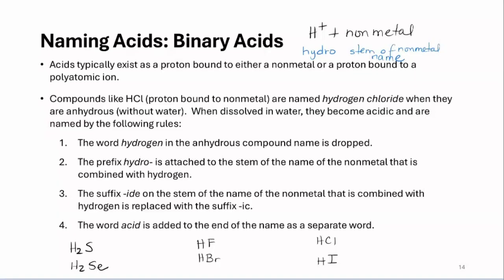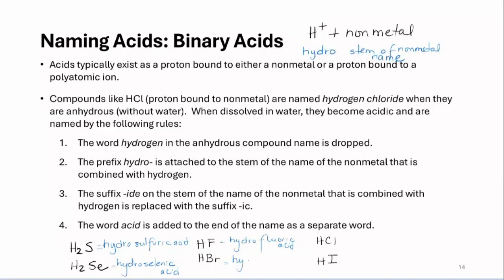Let's start with H2S. The name of that binary acid is hydrosulfuric acid. H2Se, hydroselenic acid. HF, hydrofluoric acid.